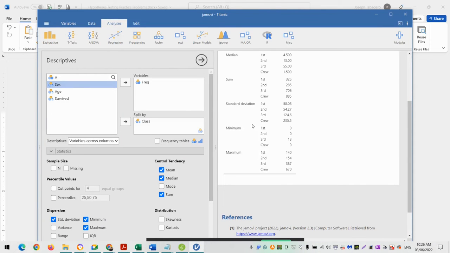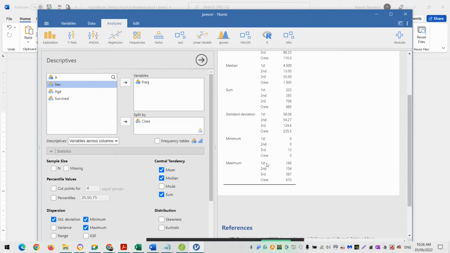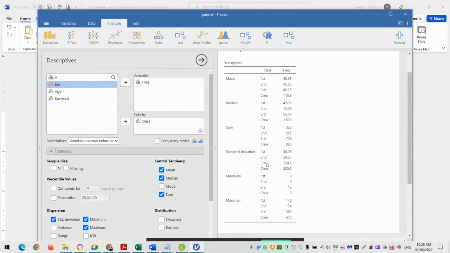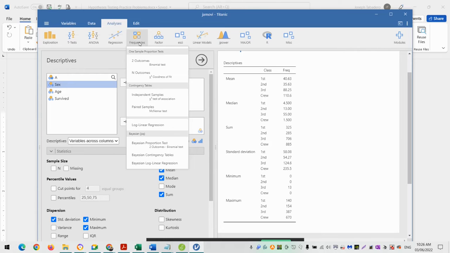Well, now that we have seen yung summary or yung descriptives ng ating variable na class, pwede tayong pumunta dun sa frequencies, and makikita natin doon sa one sample proportion tests na meron tayong N outcomes na chi-square goodness of fit, which is a generalization ng ating binomial test where we only have two outcomes.